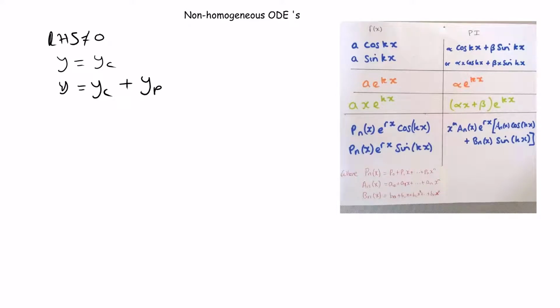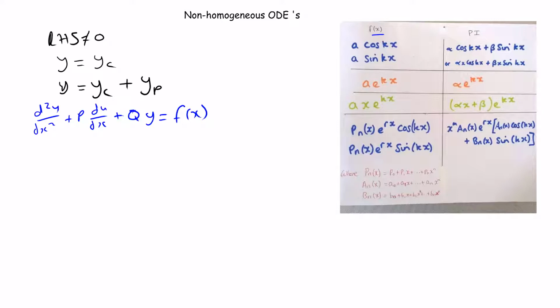If our right hand side, f of x, so here we're going to have our differential equation in the form d2y by dx squared plus p dy by dx plus q y is equal to f of x. So this is the f of x we're talking about here.